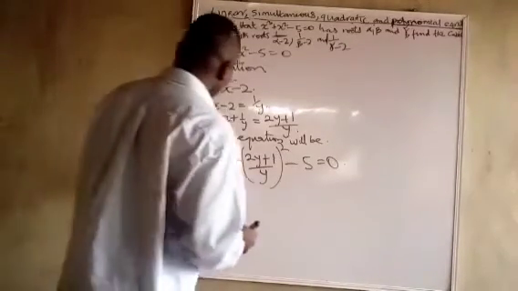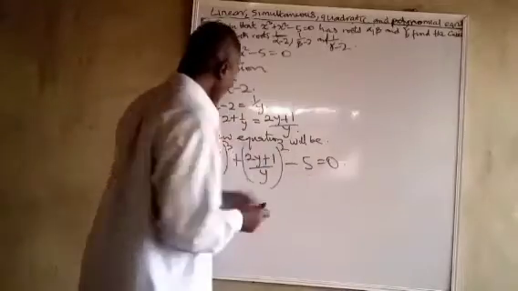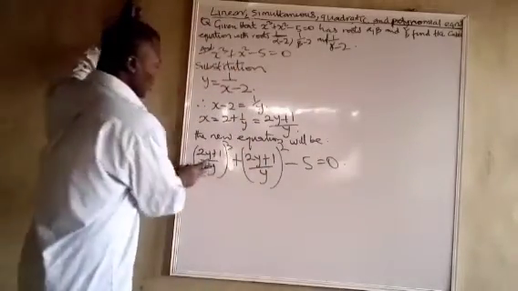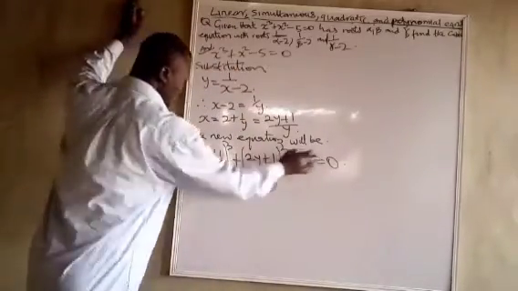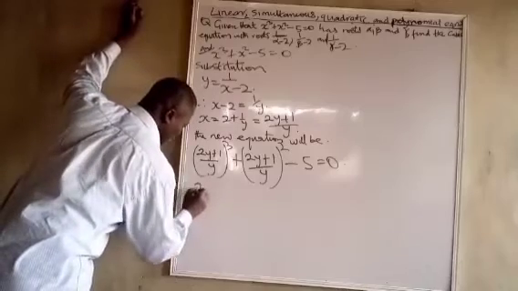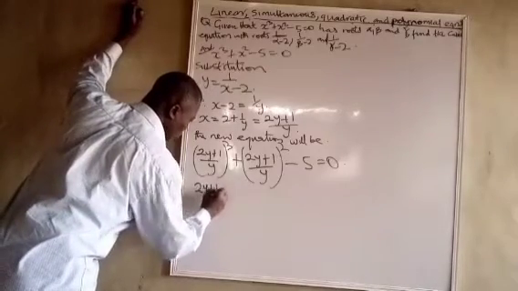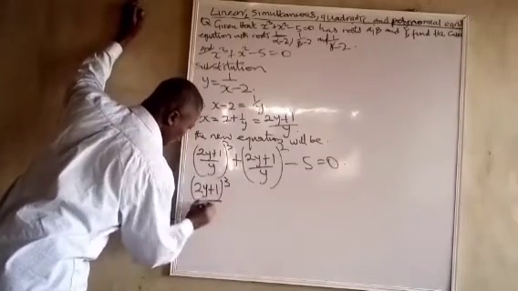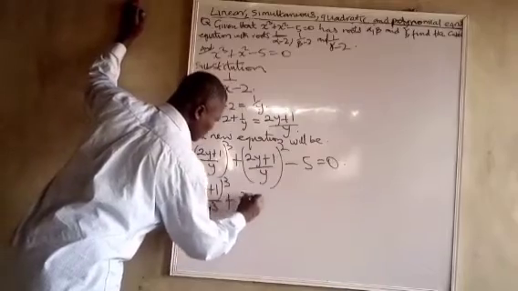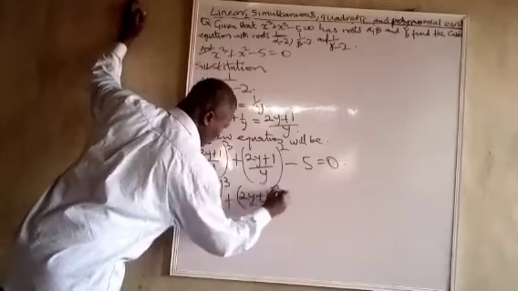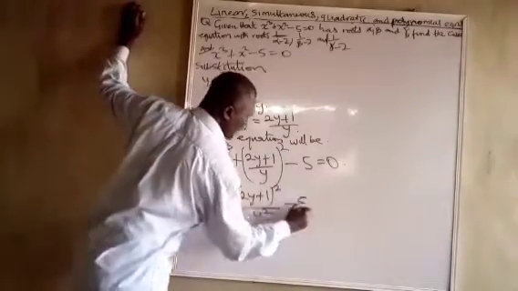Which means I need to expand this. But one thing is sure, this will be y cubed, this will be y squared. So we are going to have 2y plus 1 all cubed over y cubed plus 2y plus 1 all squared over y squared minus 5.